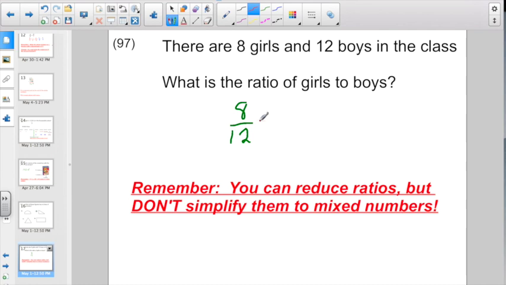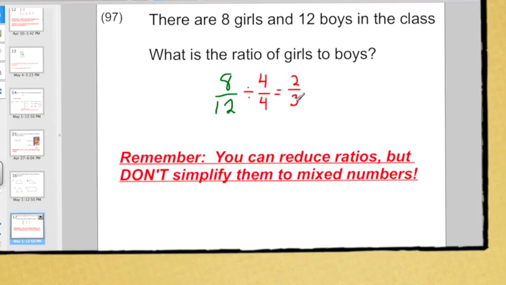So now I have to go and find the biggest number I could divide into both 8 and 12. You could go ahead and use 2, but you just end up having to divide again. The biggest number you could divide into both would be 4. So 8 divided by 4, that's going to give us 2. Go ahead and do the denominator. 12 divided by 4, that's going to leave us 3, for a final answer of 2/3.